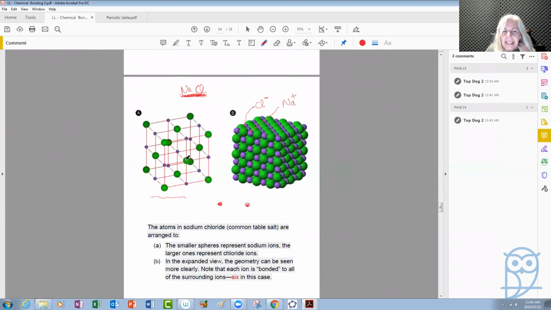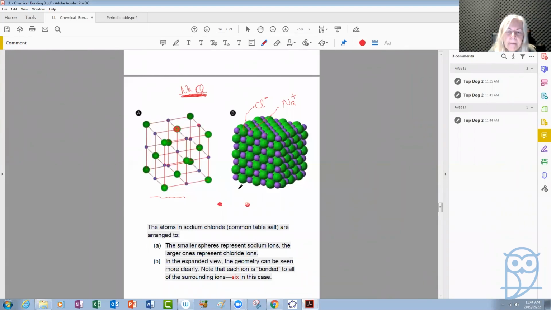So the forces are not only, for example, between this ion here and its one neighbor. This ion would interact with all other neighbors in the crystal. So these interactions make the crystal very, very strong, and so the ionic bond is a very strong bond.